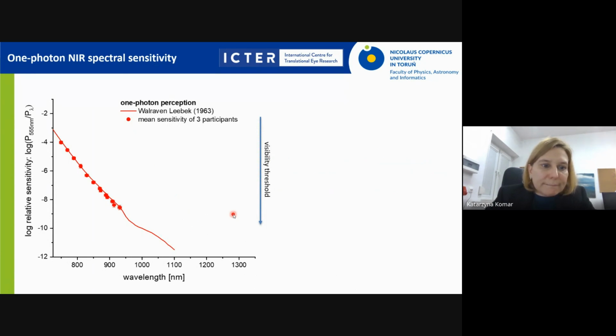When we used the 800 nanometer laser beam, the beam was perceived as red, and the relative visual threshold lies perfectly in line with the literature line. And when we increase the wavelength, it also follows the known dependence.